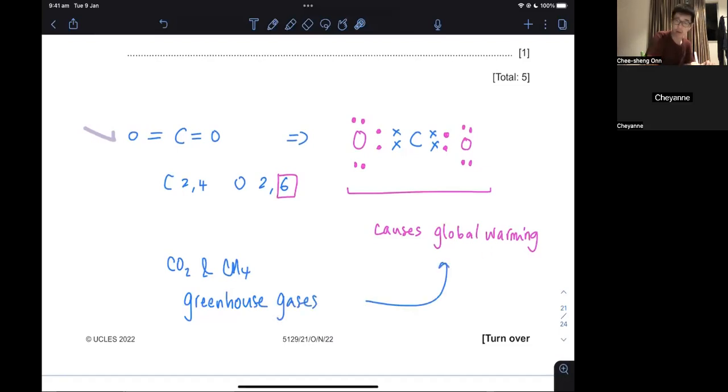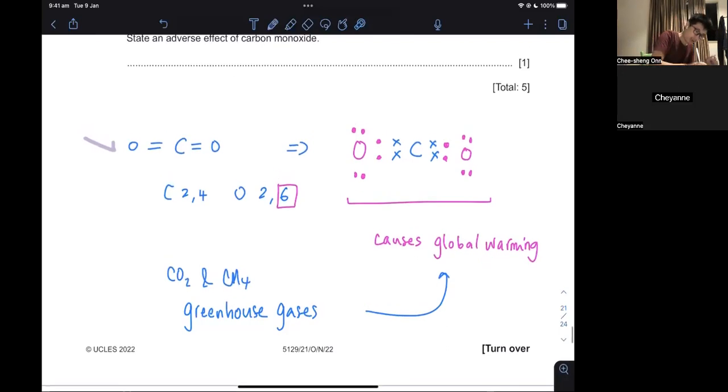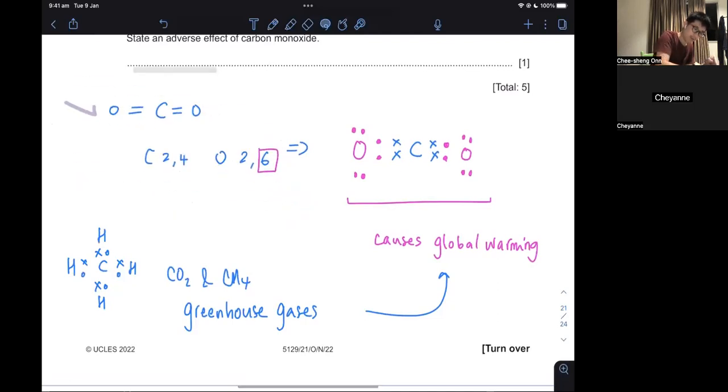It causes the whole world to become hotter. Anyway, CH4 is your classic dot cross: hydrogen, hydrogen, hydrogen, hydrogen, because hydrogen forms a single covalent bond. So when you draw methane, you can see C-H 4 times. So that is CH4, methane.